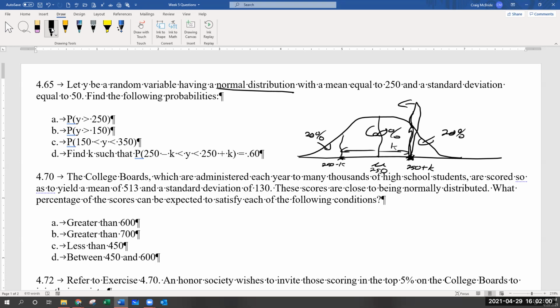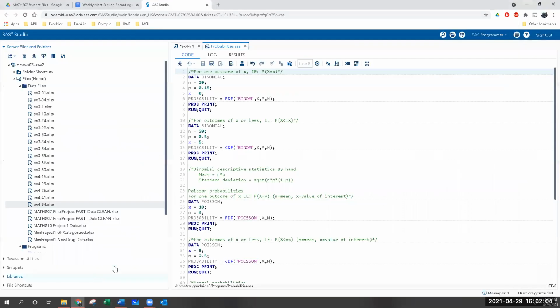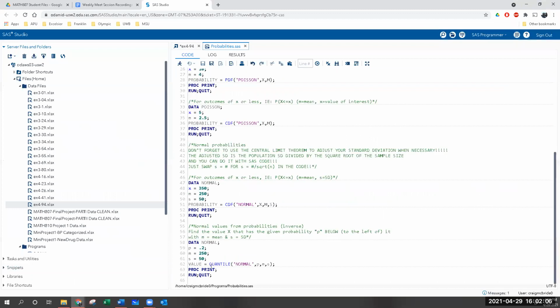In either case, I can go to my quartile function.